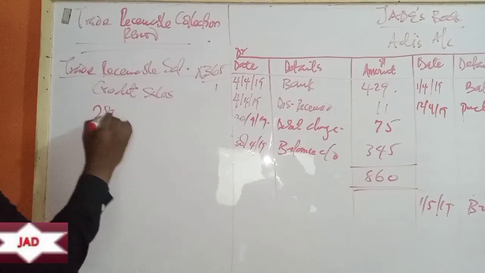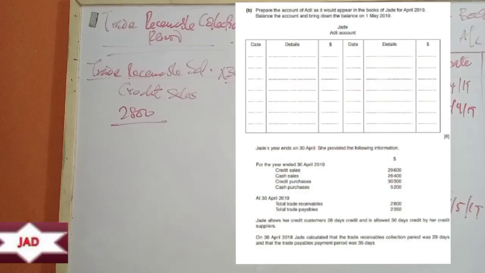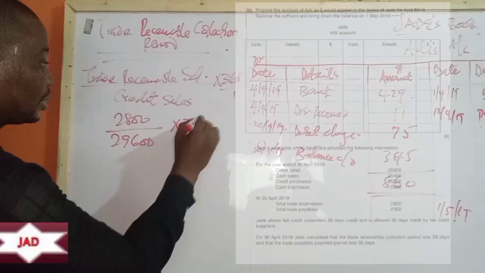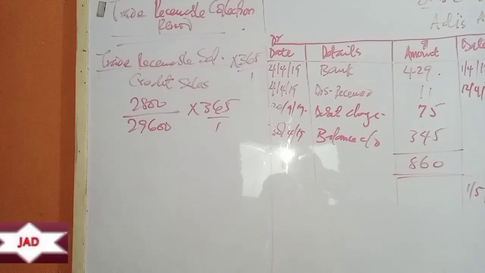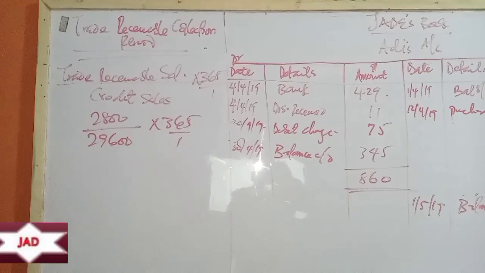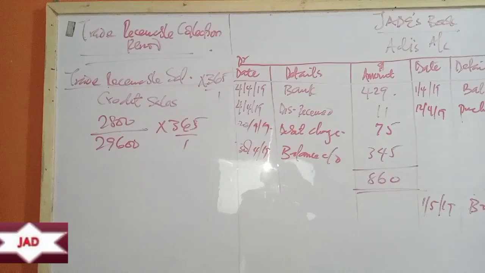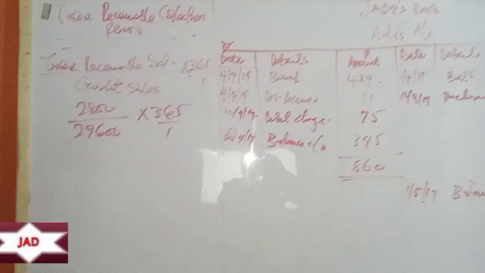So we have 2,800 over credit sales, according to the question, is 29,600, times 365 over 1. So 2,800 divided by 29,600, times 365.